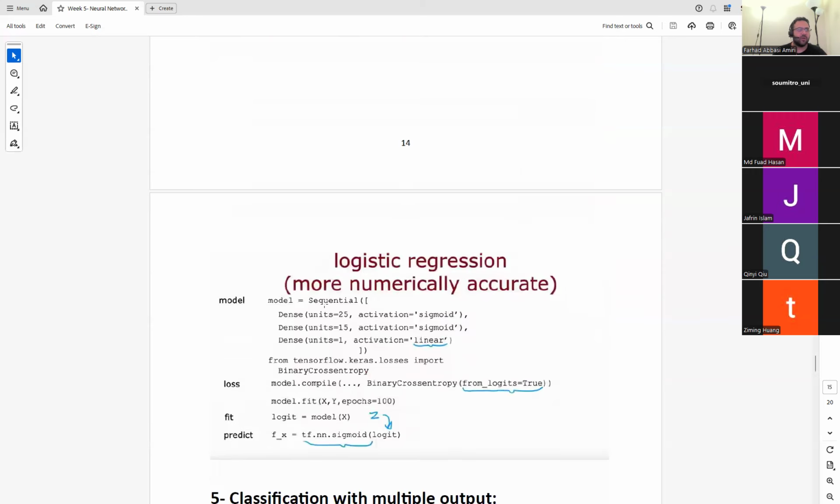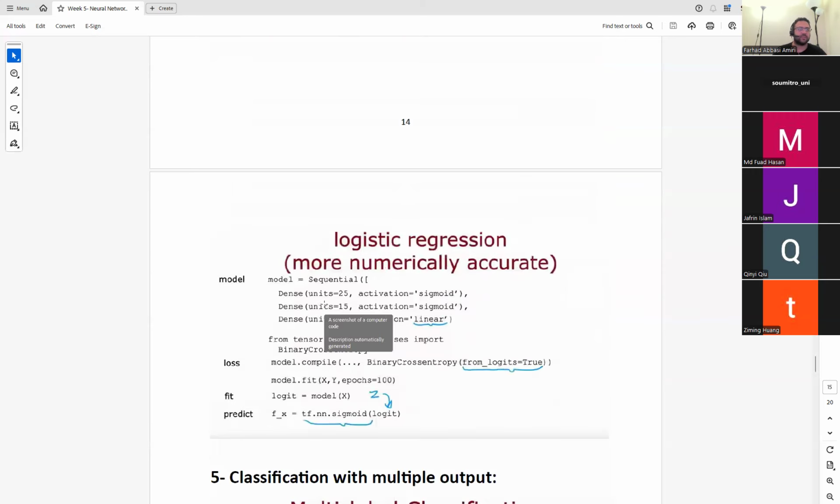Or this one is the modified one for logistic regression or binary classification. The same thing. Sigmoid, sigmoid, but the last one, instead of sigmoid, we use linear, and then we compile our model using the binary cross entropy loss function.